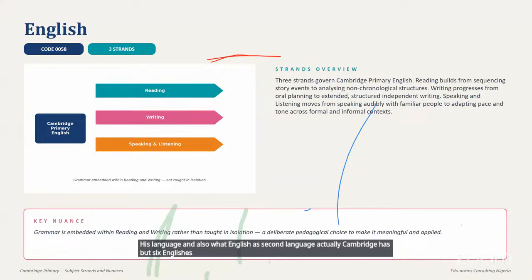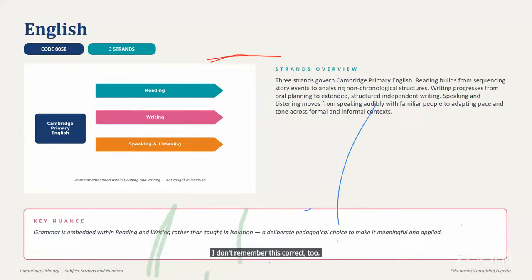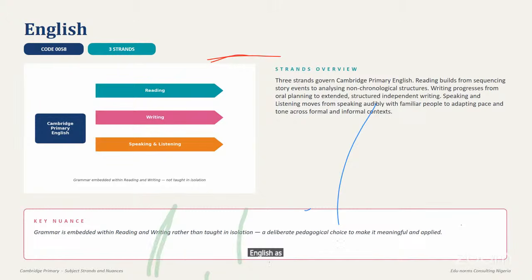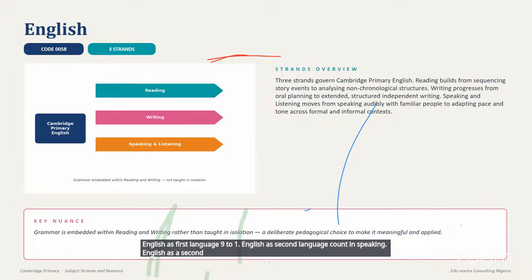They have English as a first language, English as a second language, that's number 2, and English as an additional language, that's number 3. There are also English as a second language Egypt, English as first language 9 to 1, English as a second language count in speaking, and English as a second language speaking endorsement. There are many Englishes under Cambridge.